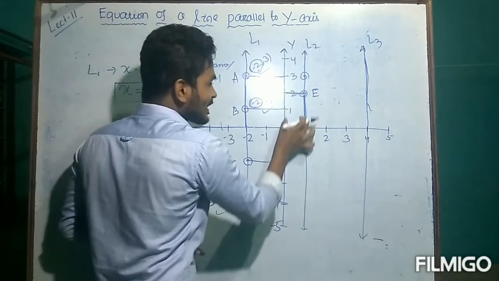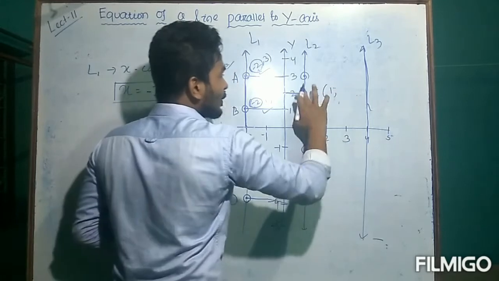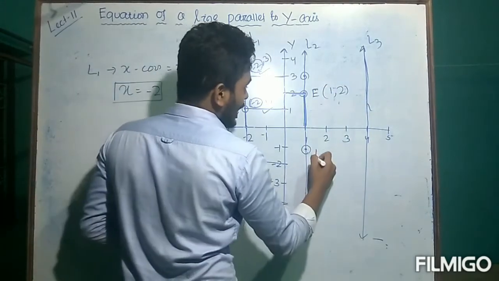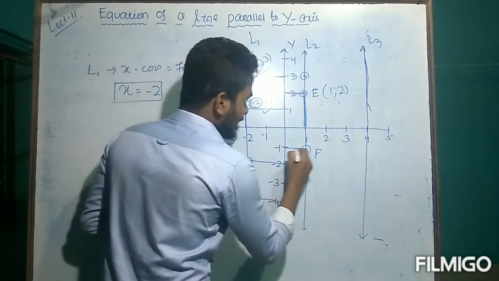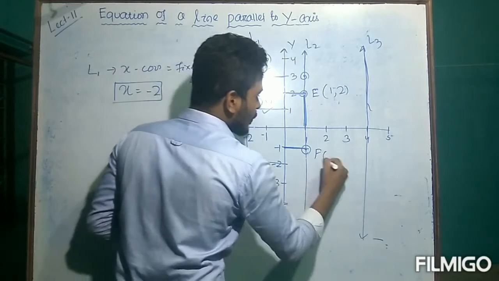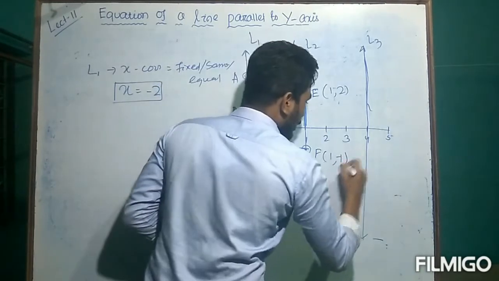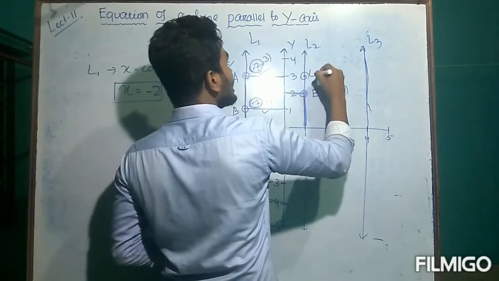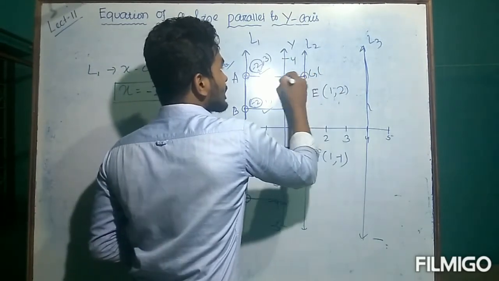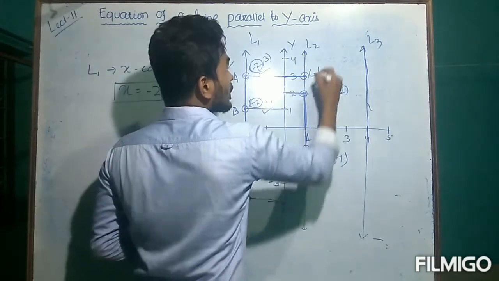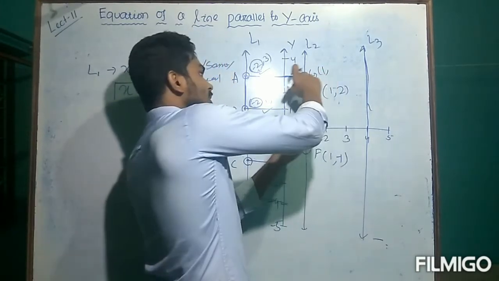So the x coordinate is 1 and the y coordinate is 2. For this point F, the perpendicular distance to the y-axis is your x coordinate, so this is 1, and the y coordinate is -1. Similarly, for this point G, the perpendicular distance is the x coordinate, that is 1 unit, and the y coordinate is how much?